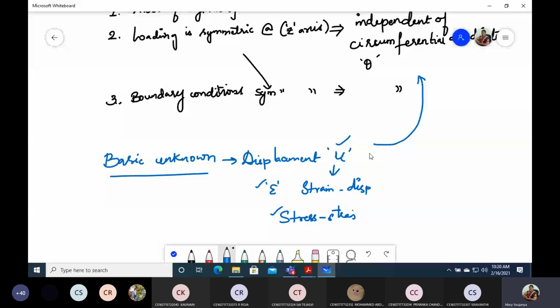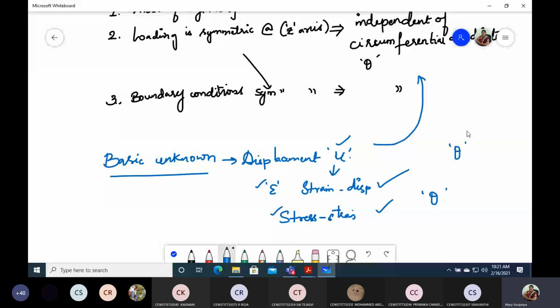Because U itself is independent of theta, the strains will also be independent of the coordinate theta, and finally the stresses also will be independent of the circumferential coordinate, that is the rotational angle theta.